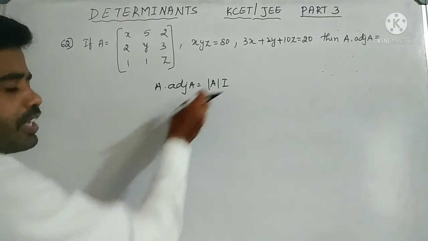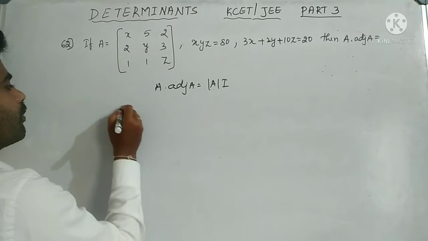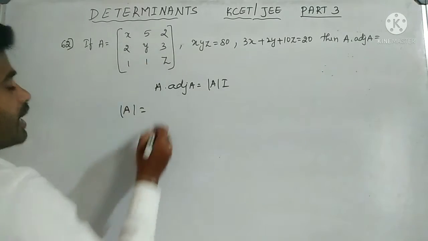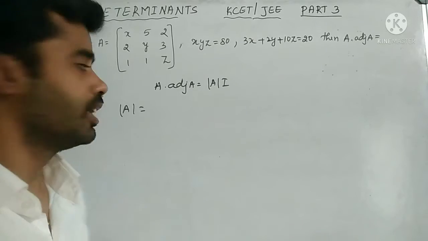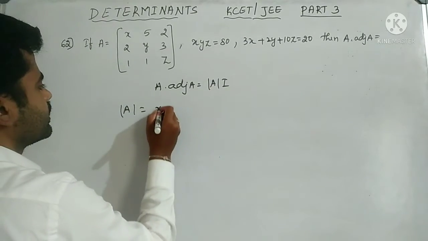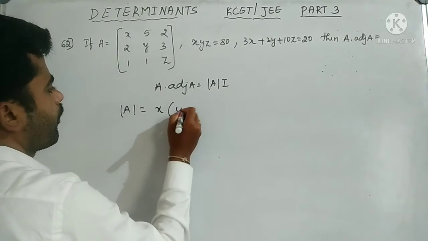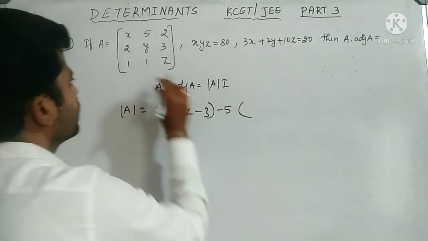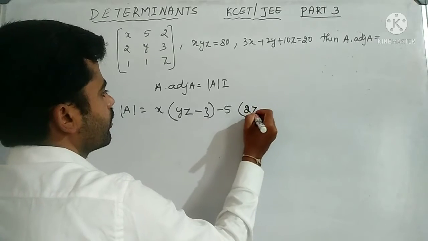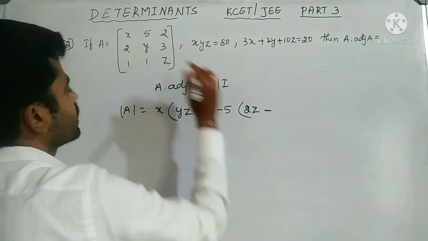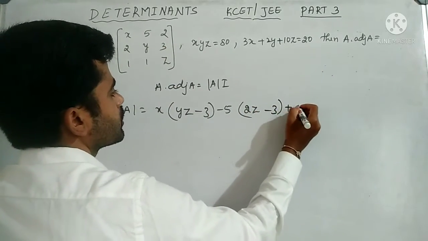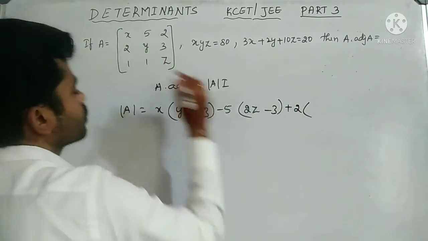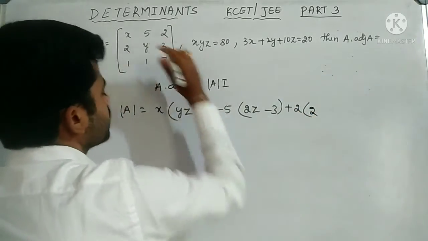First I want to find the determinant of A. Determinant of A is equal to x(yz - 3) - 5(2z - 3) + 2(2 - y).